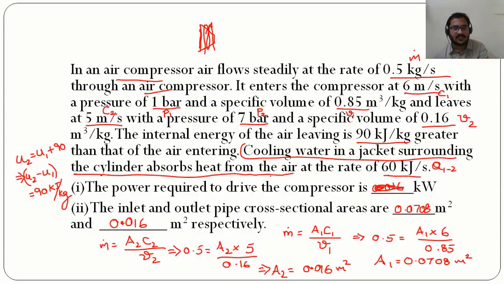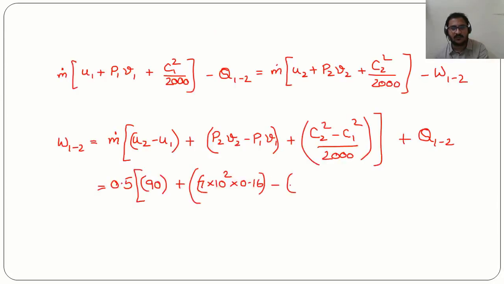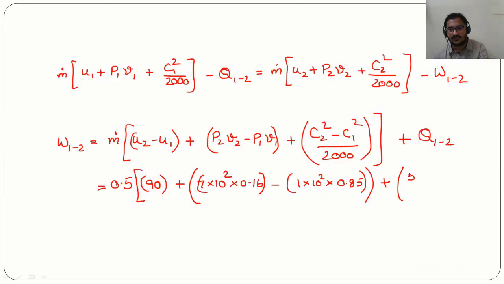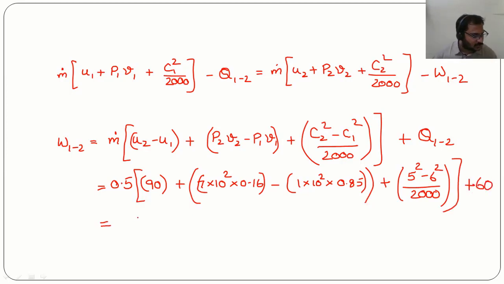Then initial pressure is 1 bar and specific volume is 0.85, so 1 into 10 square into 0.85, plus C2 square minus C1 square by 2000. C2 is velocity, C2 is 5 and C1 is 6. So 5 square minus 6 square by 2000, plus 60. So upon solving this you will get the answer as 118.5 kilowatts.